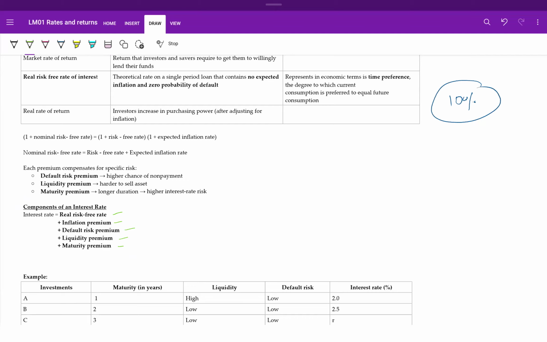Majorly, when we talk about risk-free rate, these are the government treasury bonds, 10-year treasury bonds, so long-term treasury bonds. And government usually doesn't default, unless there are situations.